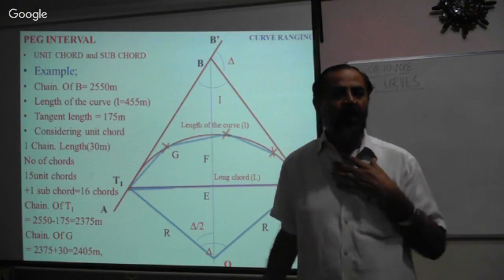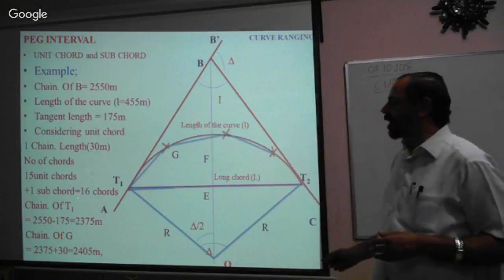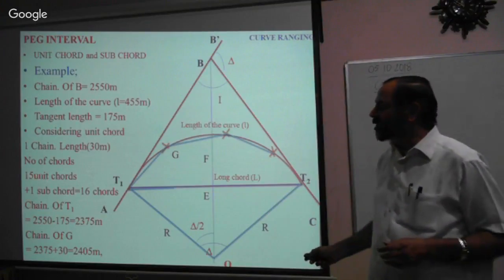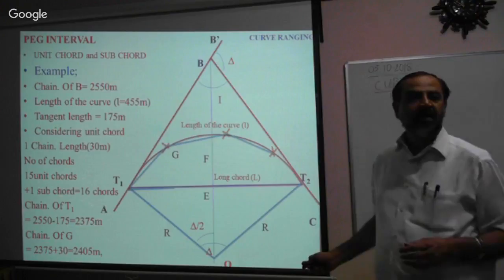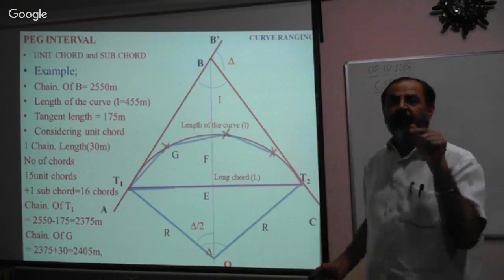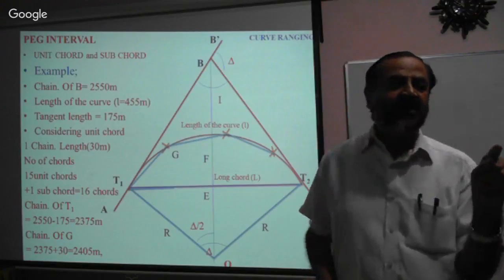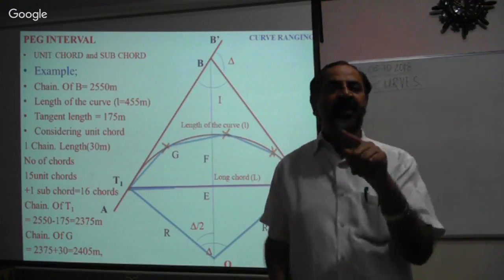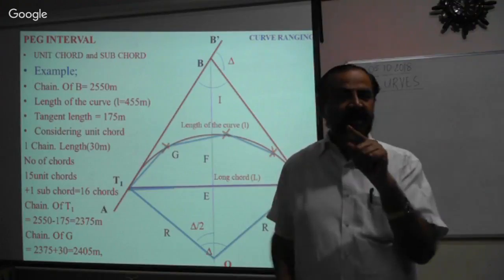Therefore, what will I do now? I will make it 14 unit chords and 1 sub chord. The 14 unit chords are 14 multiplied by 30 meters, plus 1 sub chord.